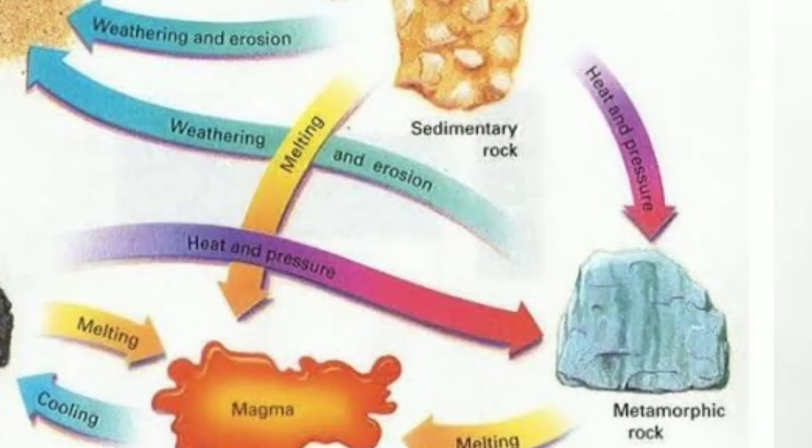The formation of metamorphic rock is a long process and takes a long period of time. The reason is that when these other types of rocks face excess heat and pressure for a long period of time, only then do they get converted into metamorphic rocks.